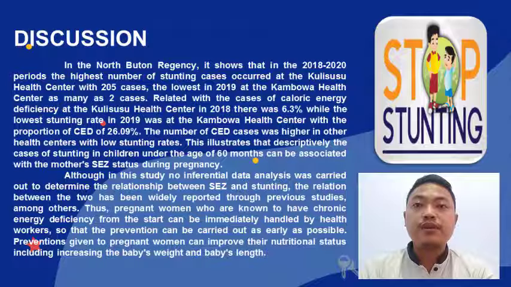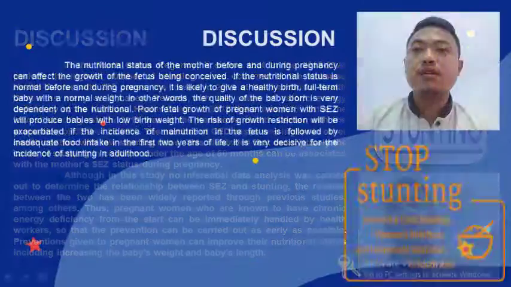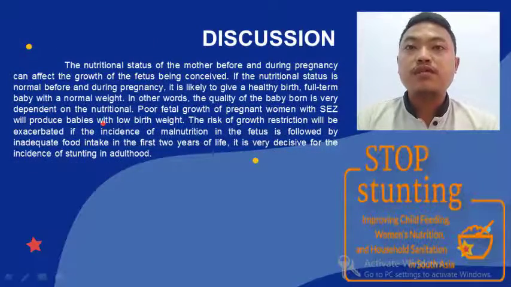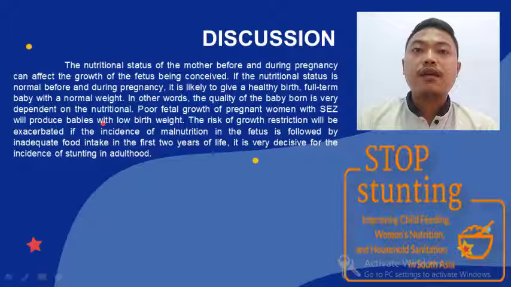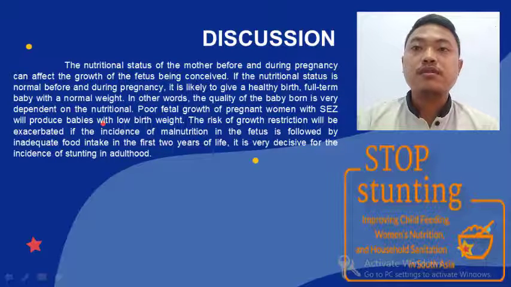Prevention given to pregnant women can improve their nutritional status, including increasing the baby's weight and the baby's length. The nutritional status of the mother before and during pregnancy can affect the growth of the future baby. If the nutritional status is normal before and during pregnancy, it is likely to give birth to a healthy, full-term baby with normal weight.